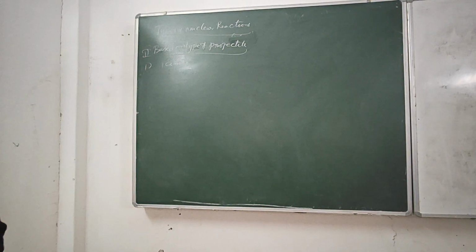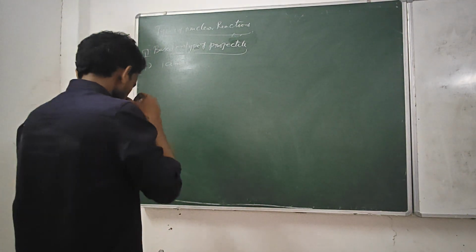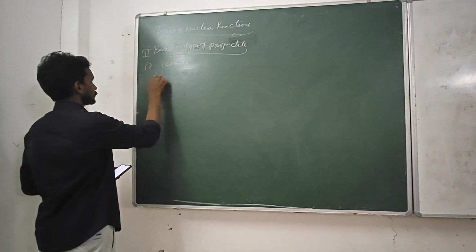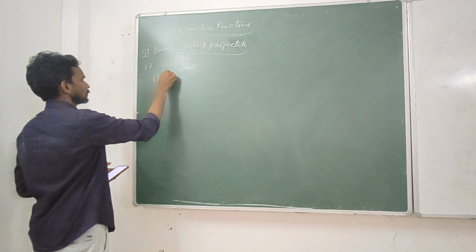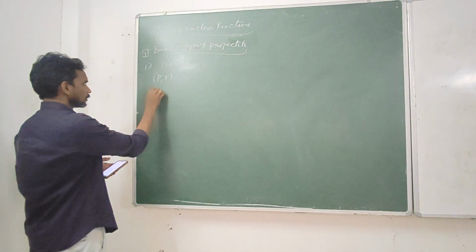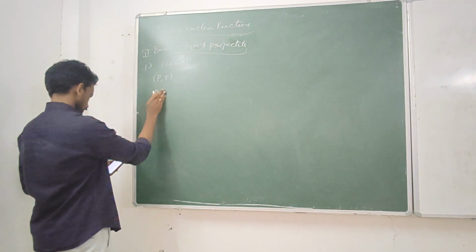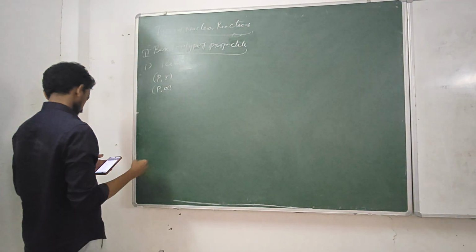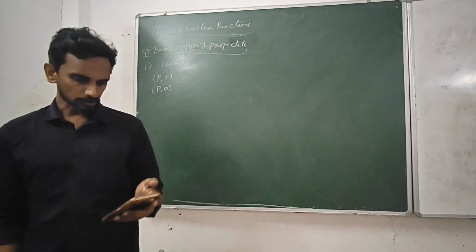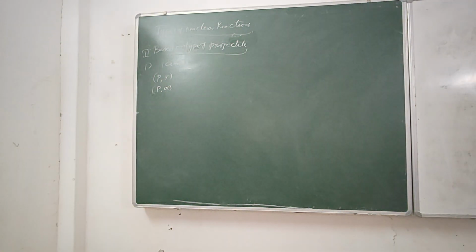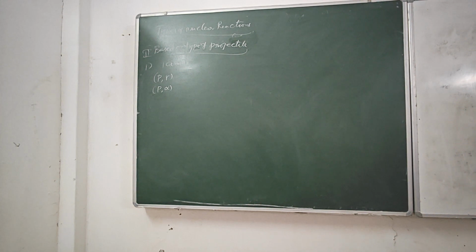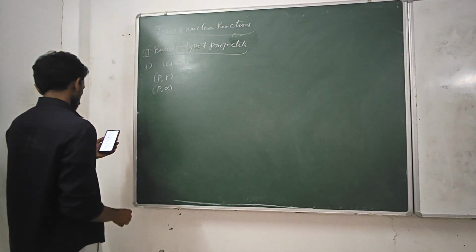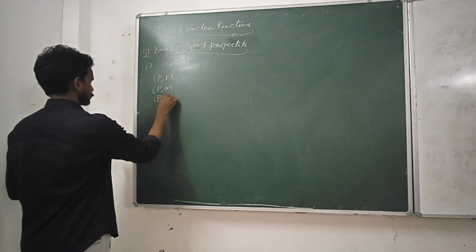Okay. So we'll see different possibilities. Like we'll start with proton. Proton releasing a gamma, proton releasing an alpha particle, proton releasing a neutron.